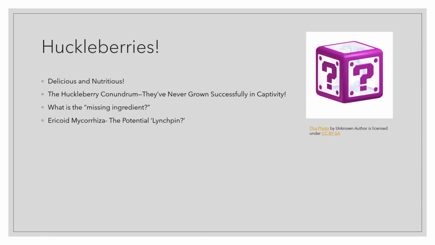We have tried a lot of things, because it would be very profitable if they could actually be grown in captivity. Yes, just harvested. Huckleberry picking is very labor intensive, which is why huckleberries go for like $50 a gallon.